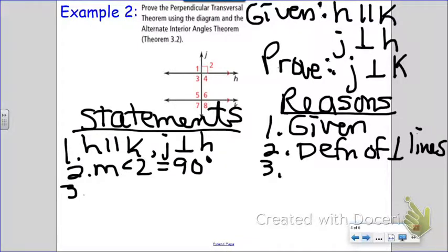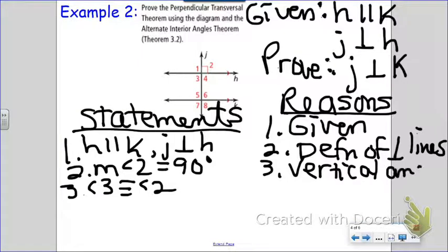We know that angle 3 is congruent to angle 2. Those are vertical angles. So I'm just looking at things that I know from the picture. Vertical angles are congruent. We know that angle 3 is congruent to angle 6.